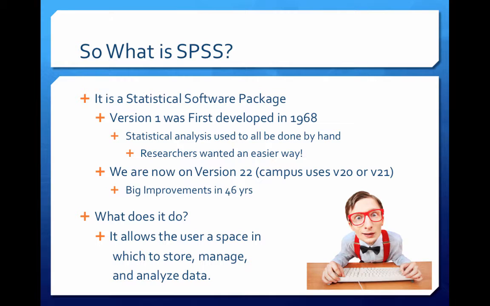And so over the last 46 years, they've changed different owners, and now IBM owns SPSS, and they've now created version 22. You'll see on campus some computers have version 20, some have 21, but really you should be able to do anything and everything with the versions that we have available on campus.